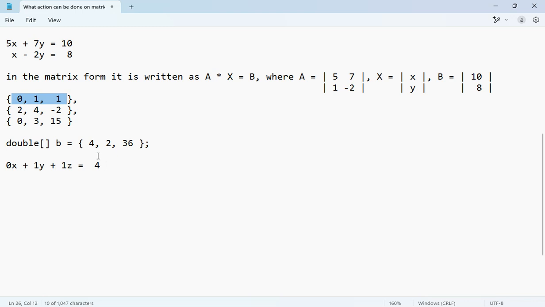I will write them now like this, and later we will make them look simple. And here we have 2x plus 4y minus 2z equals 2. And the final equation is 0x plus 3y plus 15z equals 36. This is the system we have.